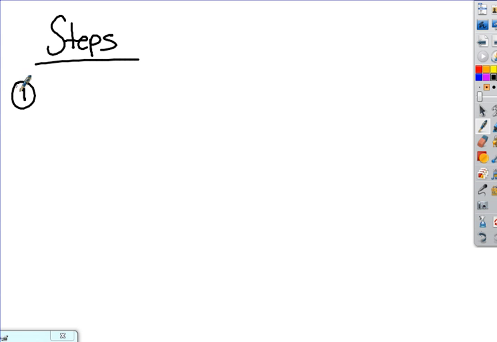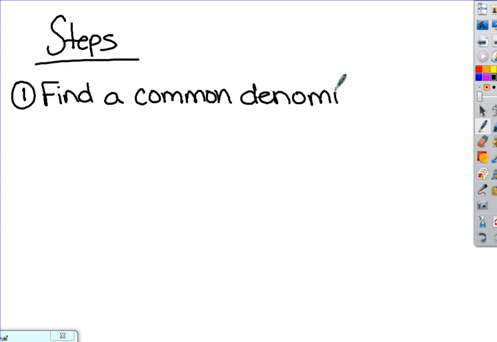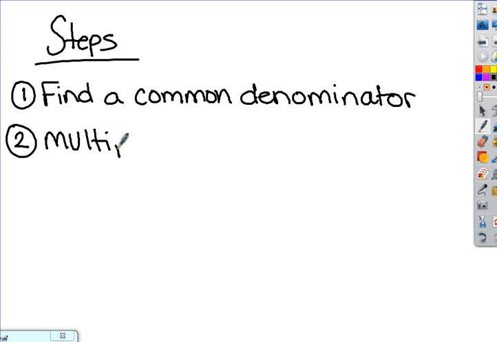Step 1. Find a common denominator. Step 2, multiply each term by the common denominator.